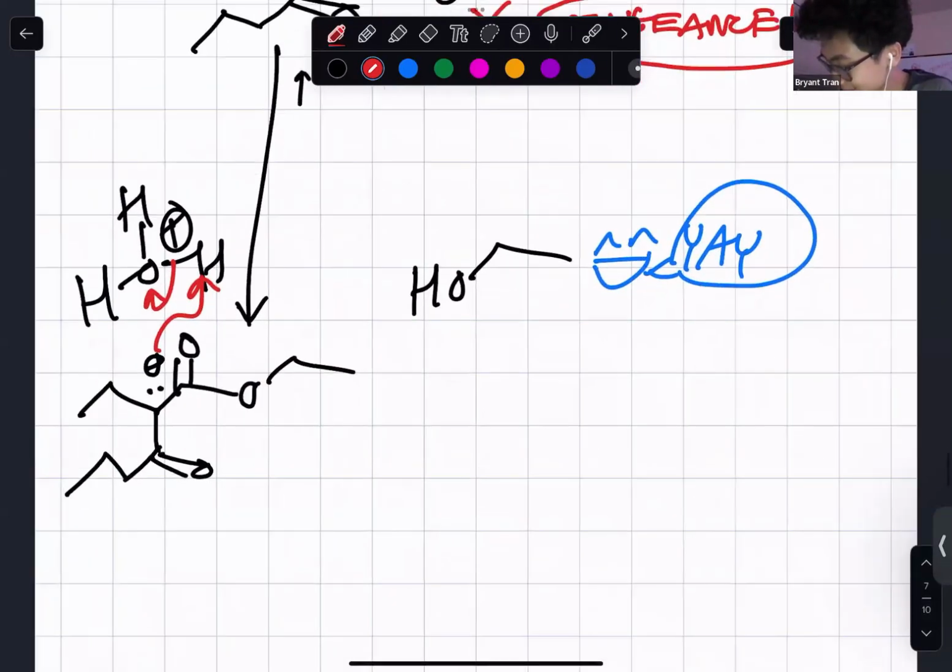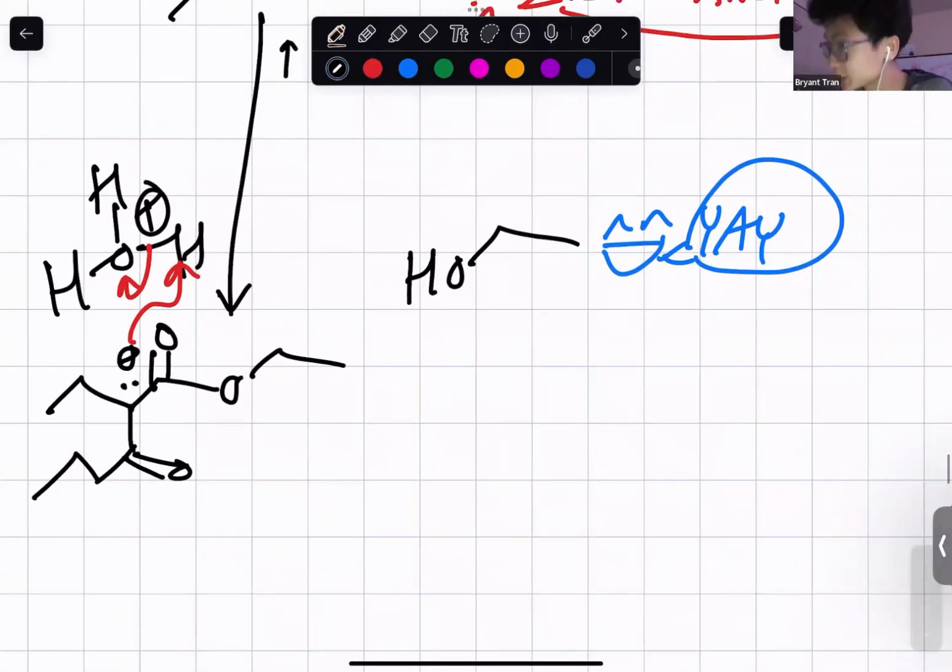And this leads us to our final product, which is an acid-base reaction.